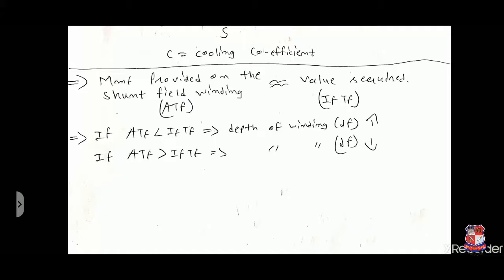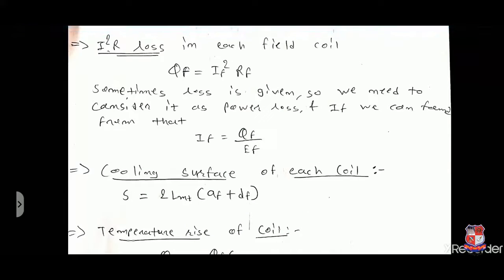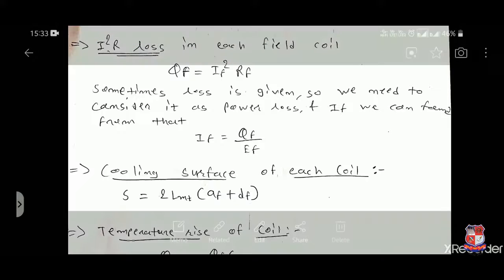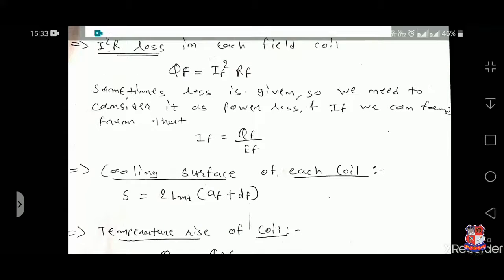So for a reduction of this ATF, we need to reduce the depth of the winding also. Hope you will get these basic concepts. In the next session, we will see the examples.